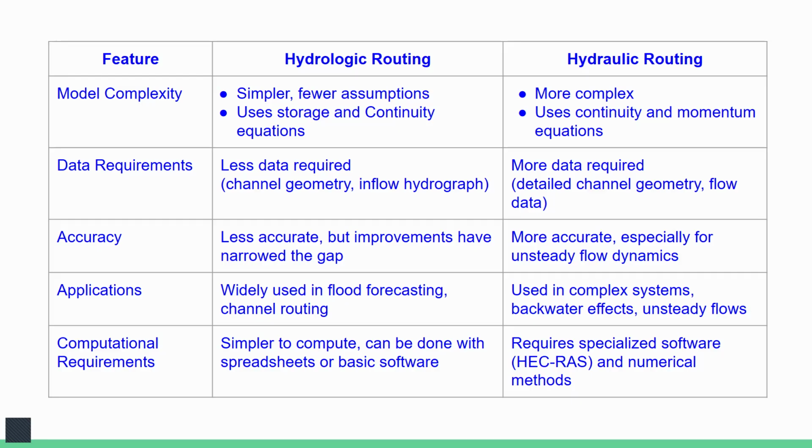Also, in its application, hydrologic routing is widely used in flood forecasting and channel routing, while on the other hand, hydraulic routing is used in complex systems such as those with backwater effects and unsteady flows. And lastly, for computational requirements, hydrologic routing is simpler to compute and can be done with spreadsheets or basic software, while hydraulic routing requires specialized software such as HEC-RAS and numerical methods.